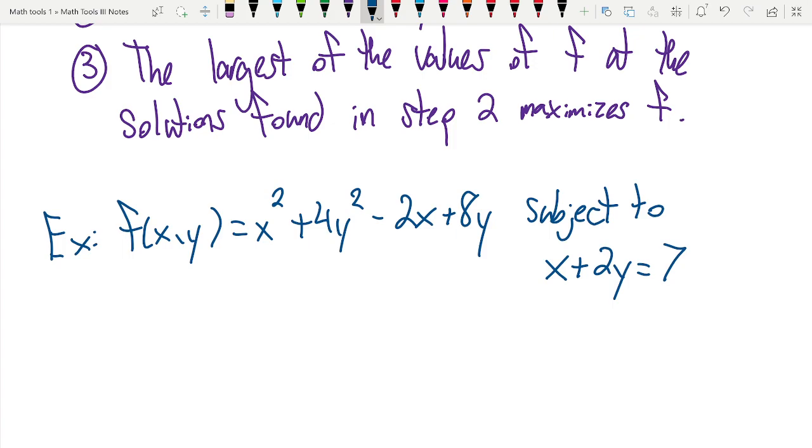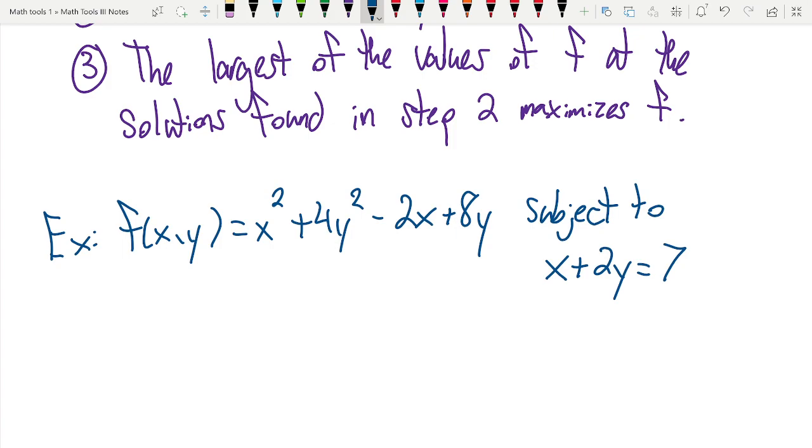Okay, so same idea as the previous optimization problems that we were doing. Just, those were over closed sets, and this one is just going to be a plane, right?